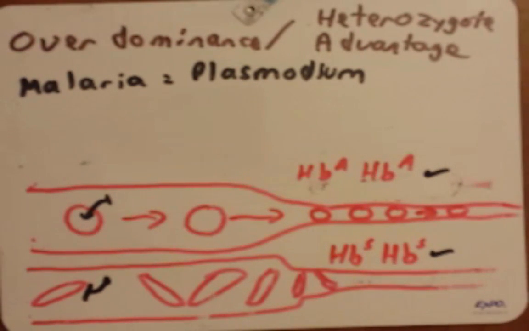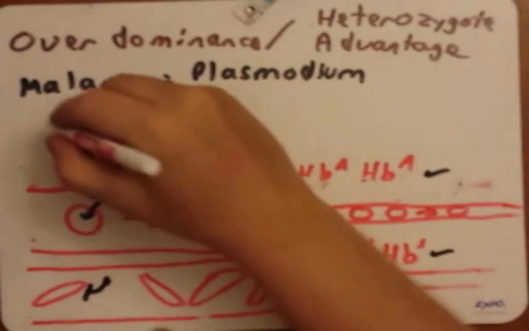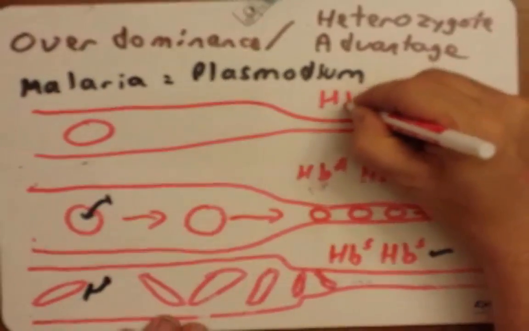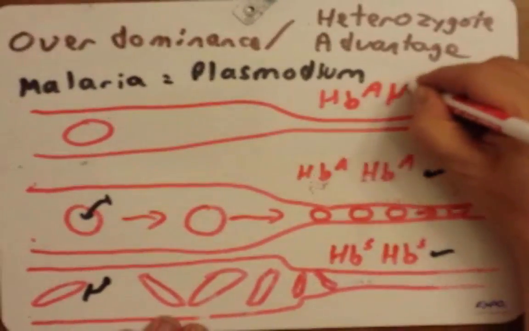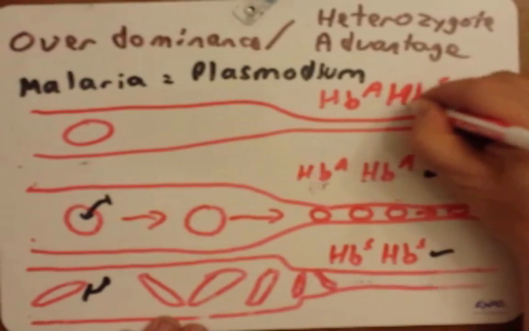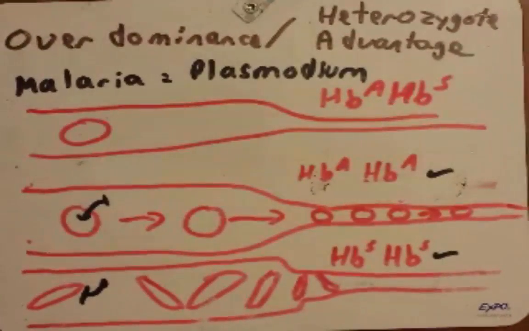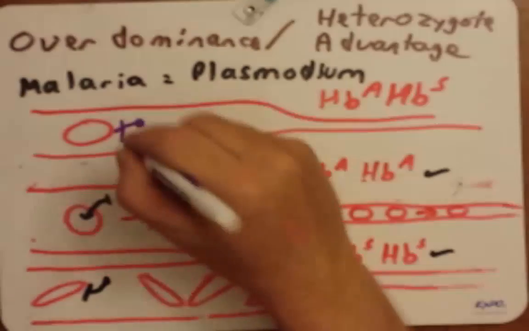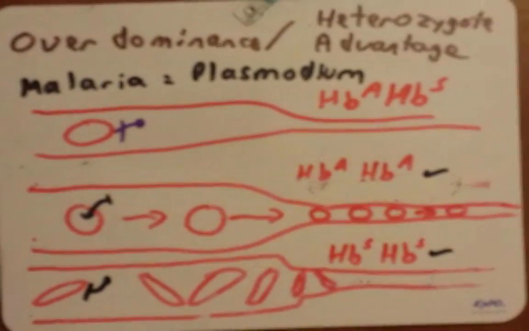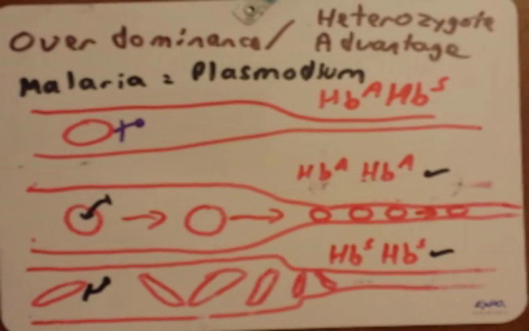But it turns out if somebody who is HbA, HbS, is infected with this plasmodium, it can't gain access to the red blood cell. So there's this advantage. They now have a selective advantage.